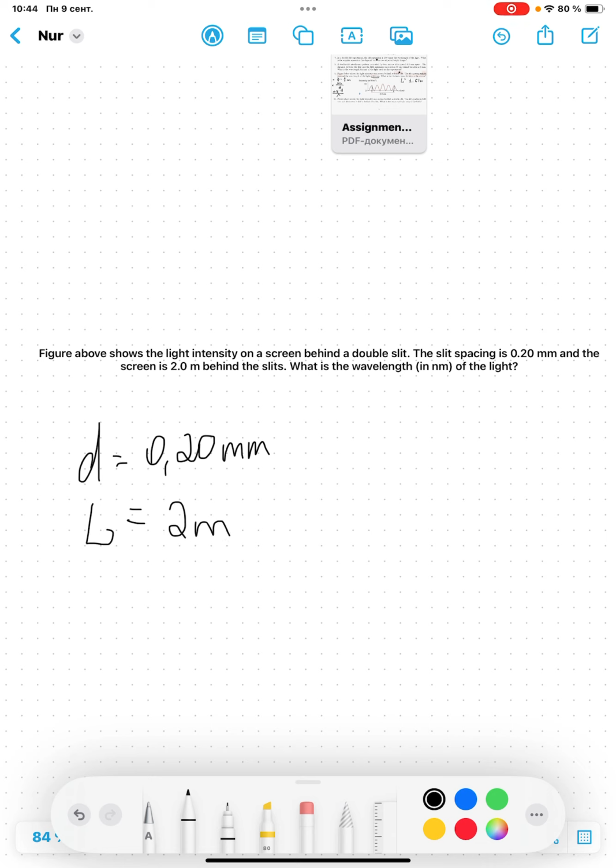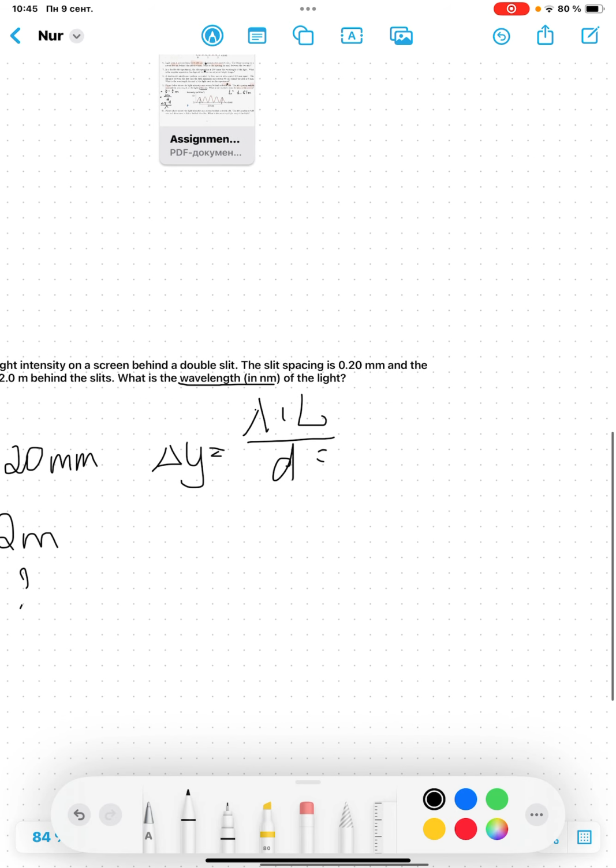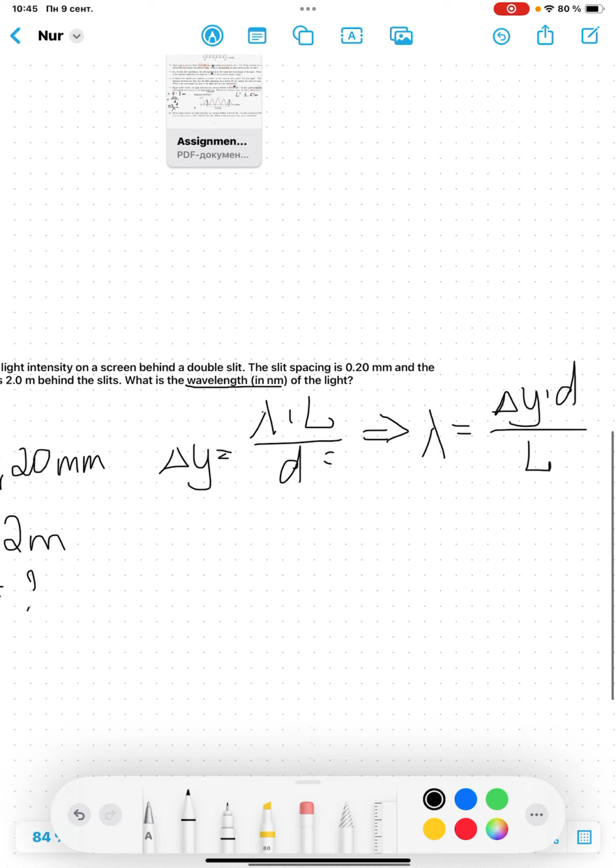And what we must find is the wavelength, and here we have the condition that it must be in nanometers. Okay, let's remember our main formula. It will be delta y is equal to wavelength times L over d. That will give us the formula of the wavelength, which can also be found as delta y times d over L. And here we can find it by putting in their amounts.